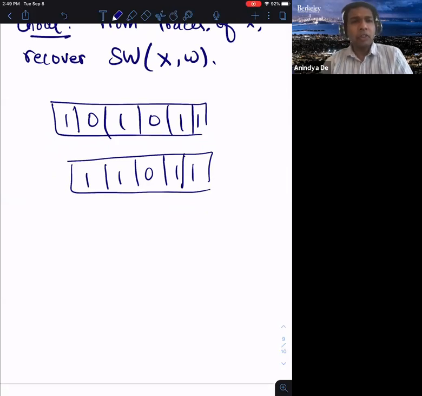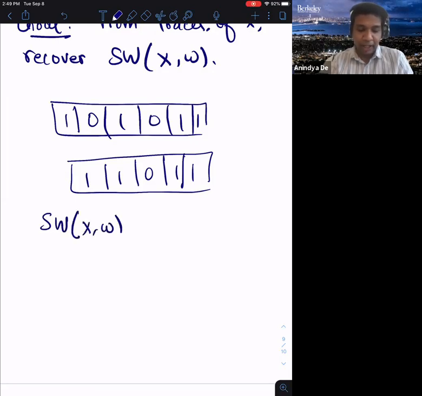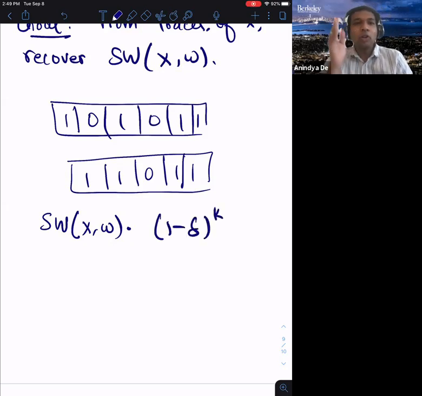So if I think about how many times a subword W appears in a trace of x, what's the expected number of times it will appear? Well, if the subword W appears in x SW_x(W) times, then it will get mapped as a subword in the trace with probability (1 minus delta) to the k, because all those bits need to get retained.